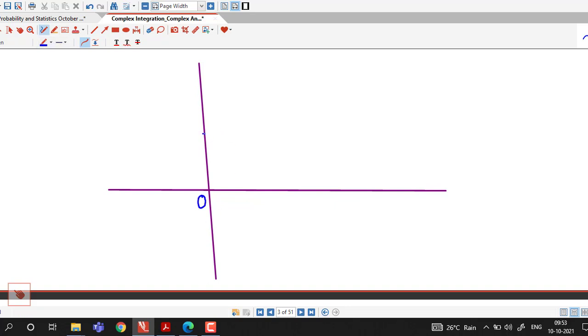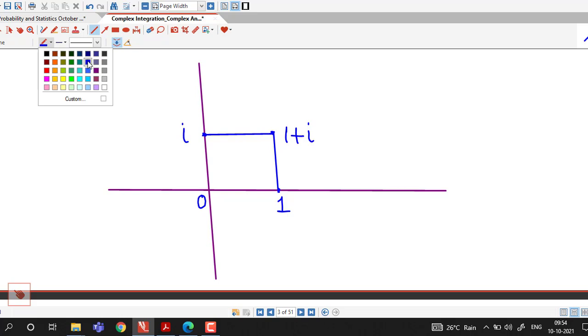Vertices are 0, i. Suppose this distance is 1, then this point is i, and if this distance is 1, then this point is 1 plus i, and this is 1. So we join all these vertices and we obtain the square which is our contour. So this is the square with vertices 0, i, 1 and 1 plus i.